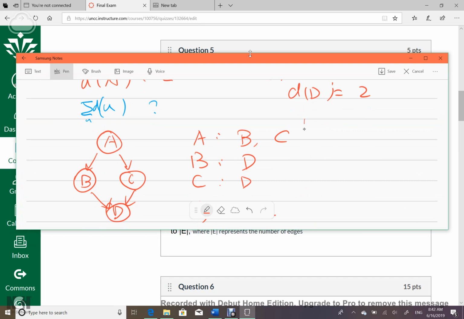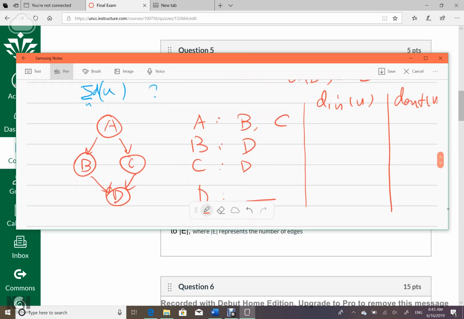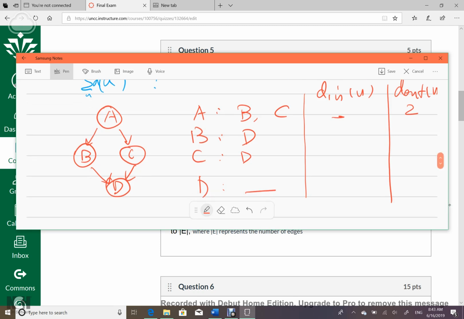In this case, we consider d_in(u) and also d_out(u). d_in(u) corresponds to who enters A. In this graph, nobody enters A, so it's 0, and the out-degree is 2. You have 2 edges, so from A you can reach 2 other nodes.